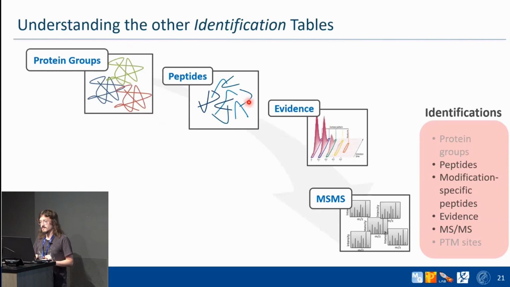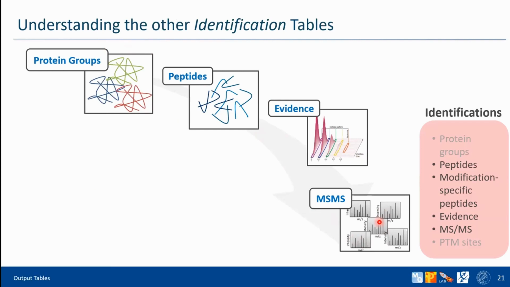Peptides originate from evidences, and evidences are just the mass spectrometer outputs, the peaks and everything that came out of the mass spectrometer. In the identification group you will have all this information if you want to dig into your data to see what actually happened in the MaxQuant run.